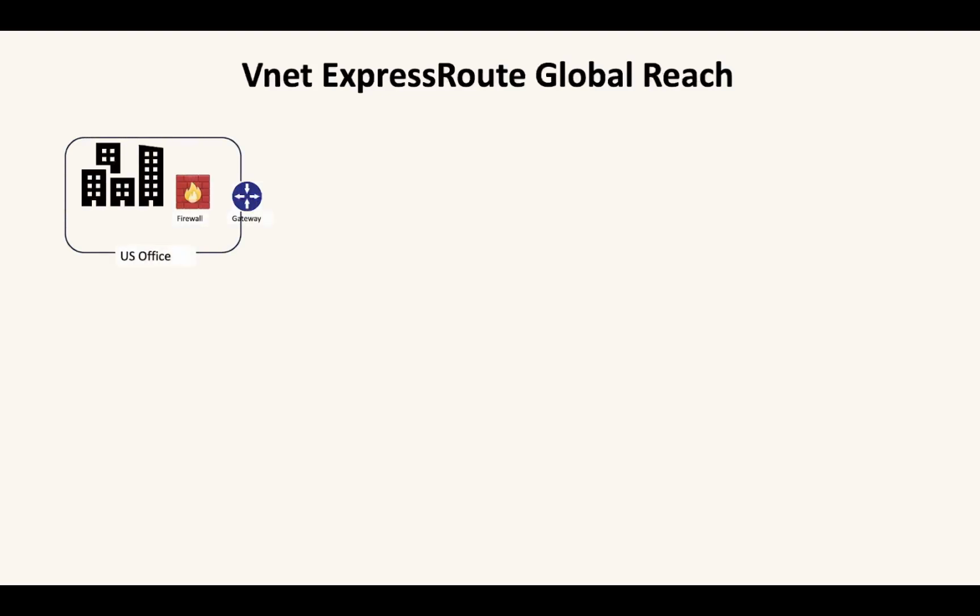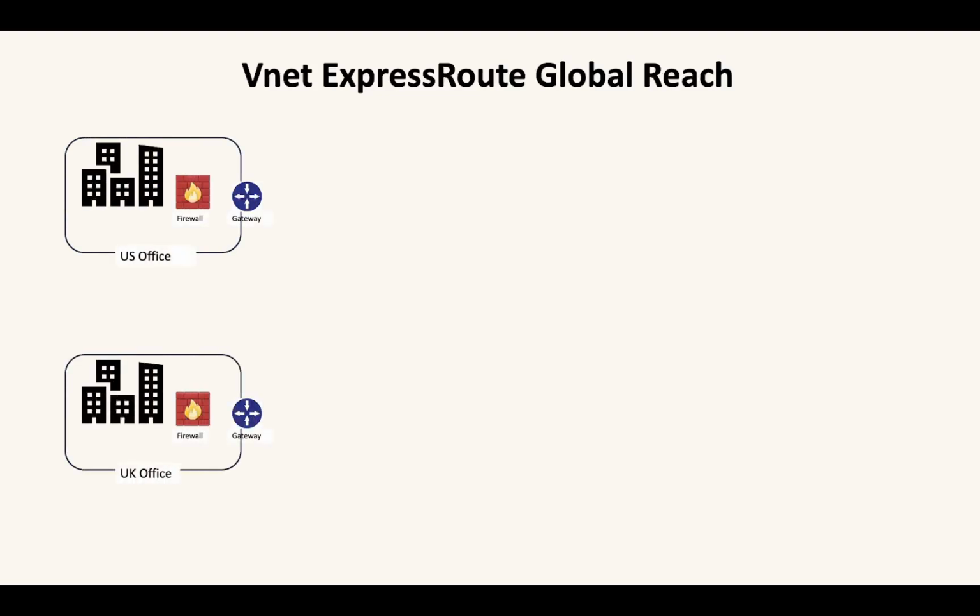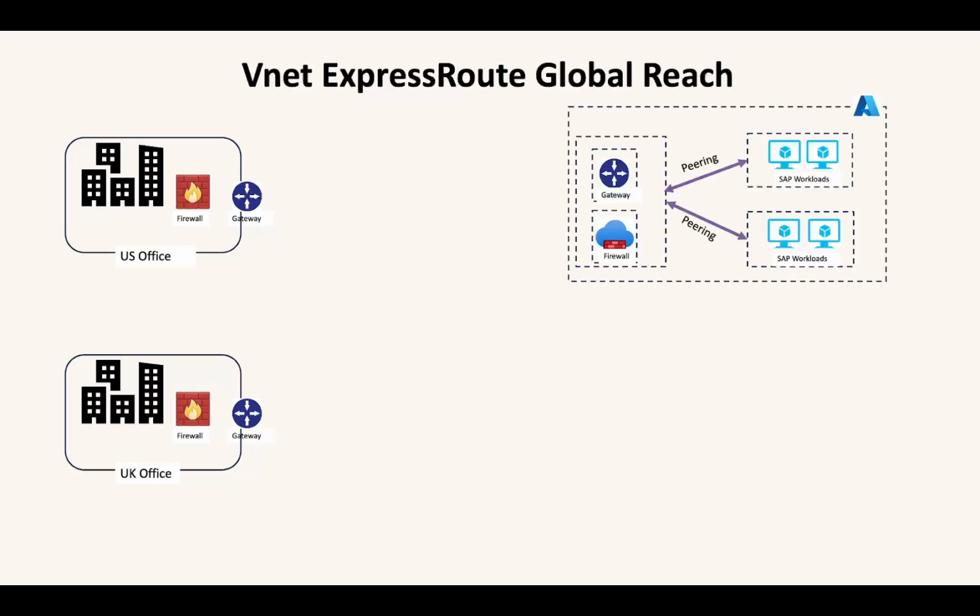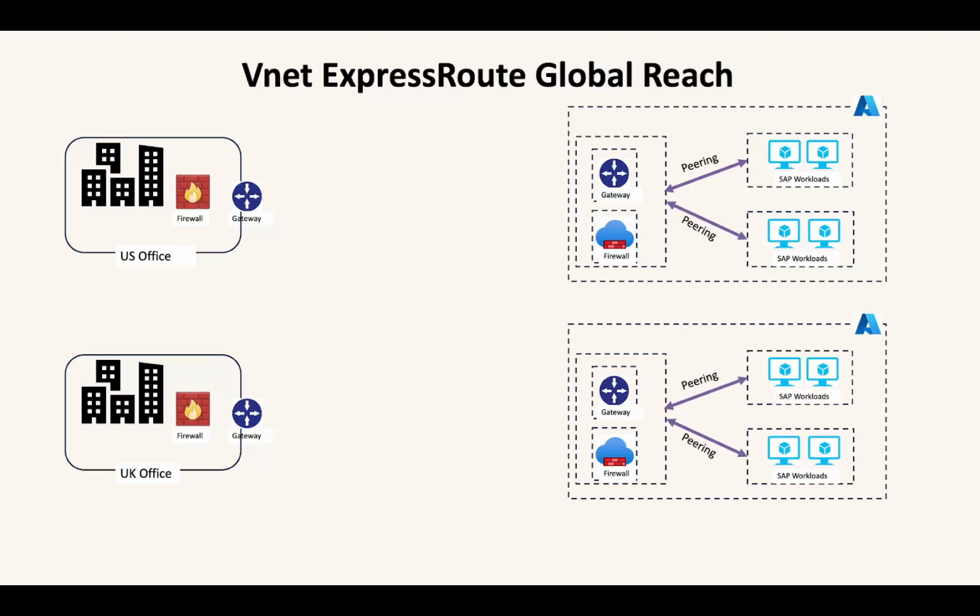Now, imagine that you have multiple offices around the globe. You have offices in the US, you have offices in the UK. Let's say you want to establish connectivity between these offices and different Azure regions as well. Basically, you want to make it feel like one global network. This is where ExpressRoute GlobalReach comes into the picture.